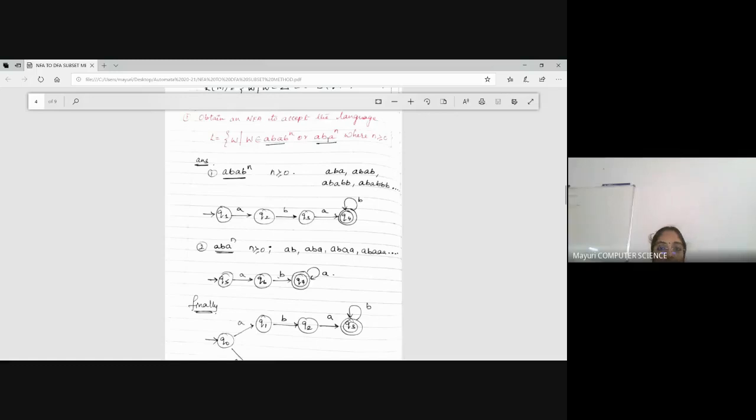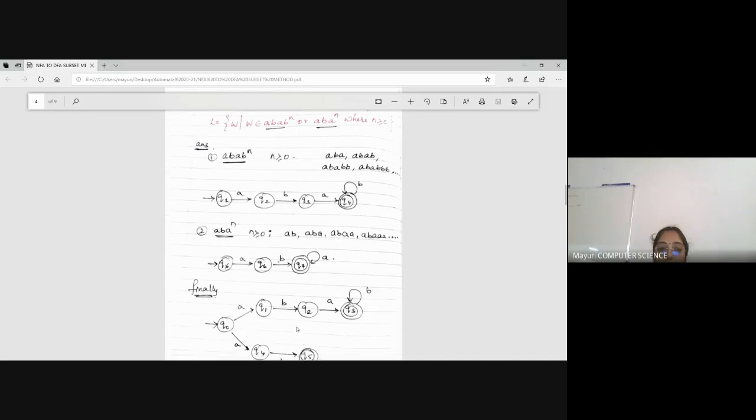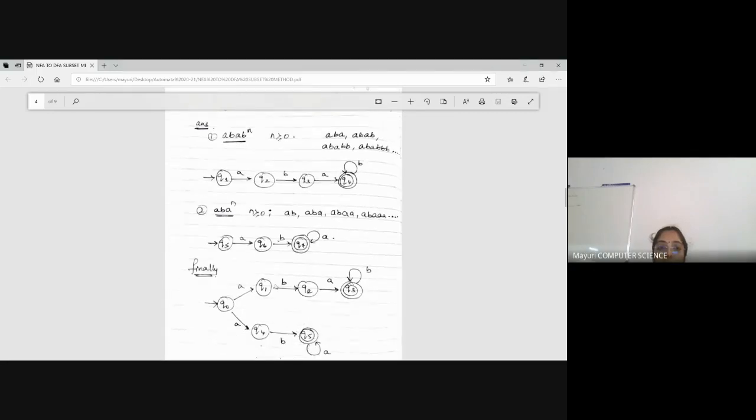Either this string or that string, anything can be acceptable. So if I go this path, the first string is acceptable. Or if I go this path, the second string is going to be acceptable. Okay. The same, you see the first one, A, B power, right? Since it's NDFSM, from the starting state, I can have two type of strings to be acceptable.